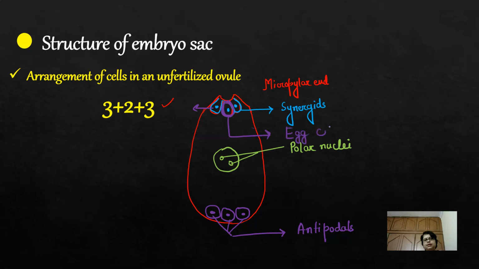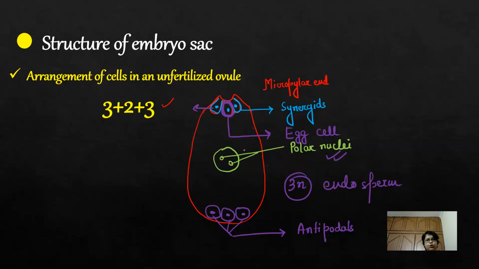Now, the sperms will come inside and will fertilize this egg cell, the process known as syngamy, and the other sperm will fuse with these 2 polar nuclei and form the 3N endosperm.